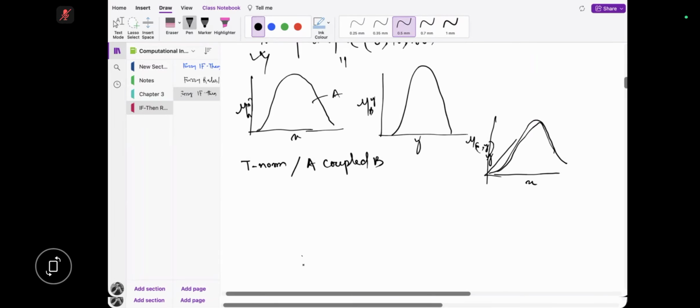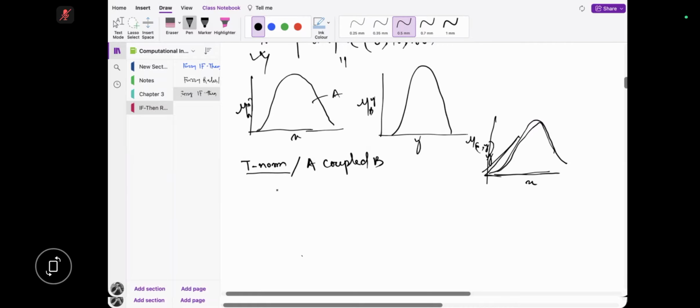Are you following? What is the change in X and change in Y, and how is it impacting the membership? That is the observation, by the help of the T norm. Are you following this much? Yes, sir. So this is the objective, to draw the 3D graph.